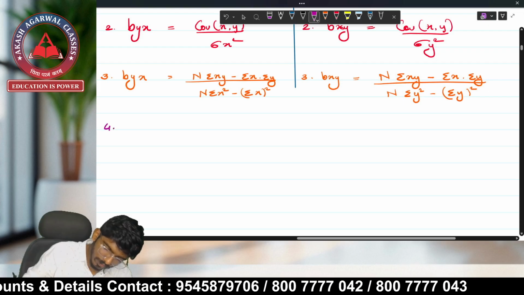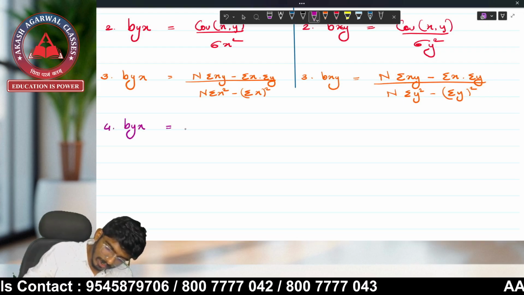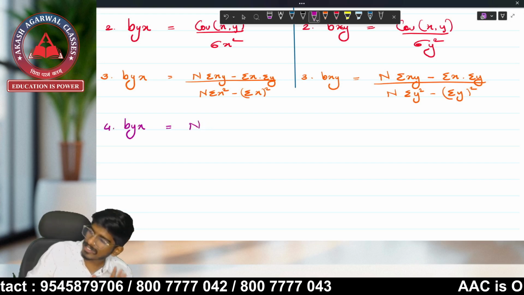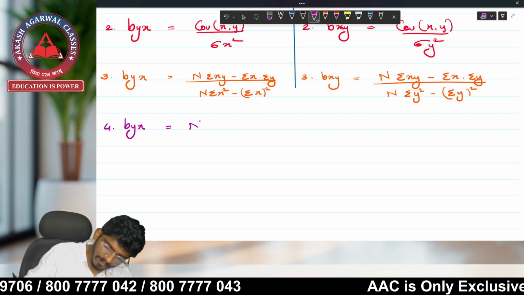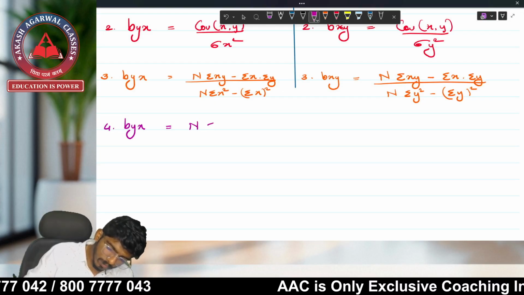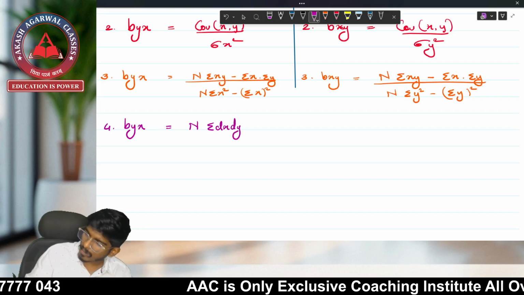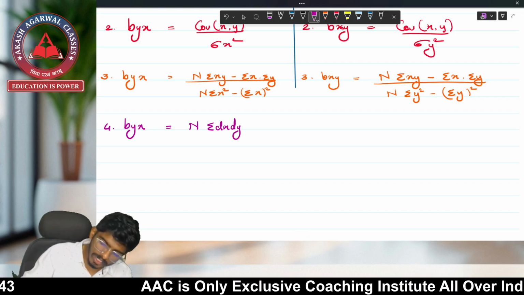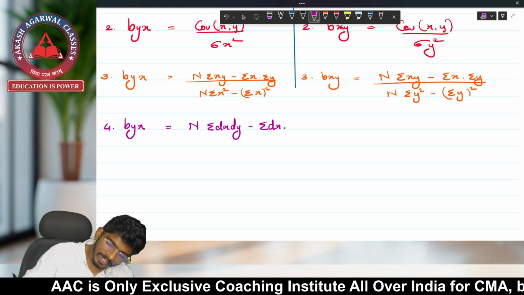Now what was your fourth formula for b by x? That was for something dx. So n is same. You have to understand the formula. It is very easy to learn. See, n is going to be the same. Only your summation of xy is replaced with what? Summation of dx dy. So x is replaced with dx and y is replaced with dy. Minus summation of x becomes summation of dx.